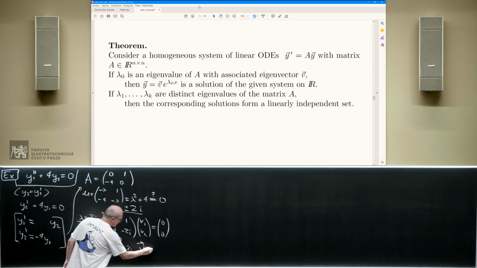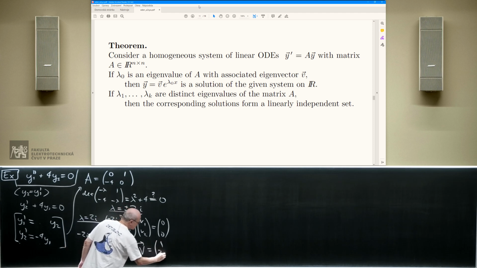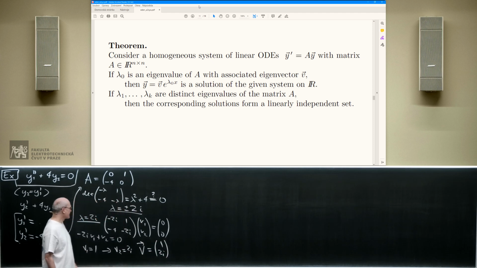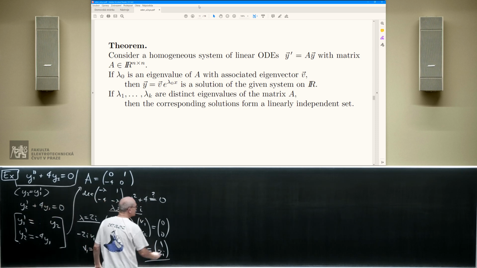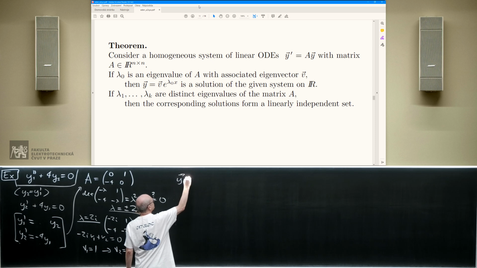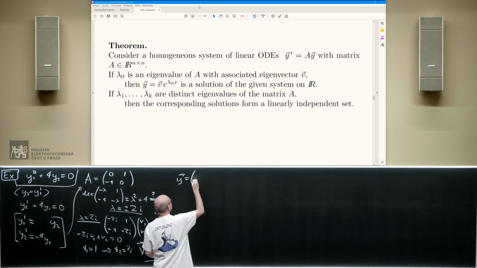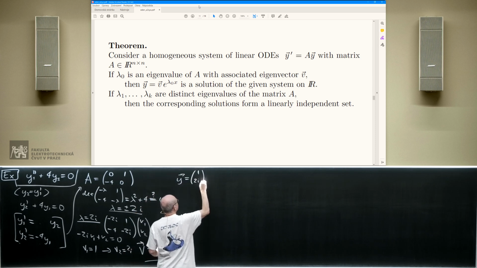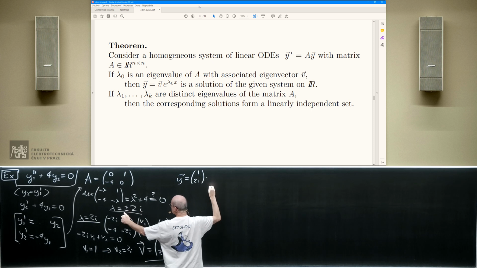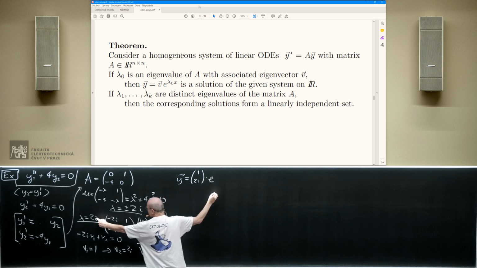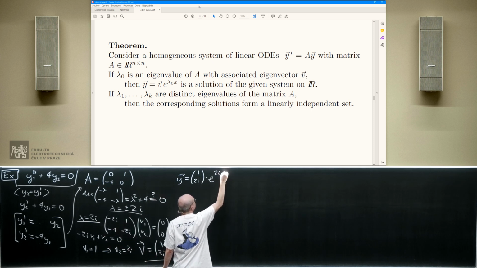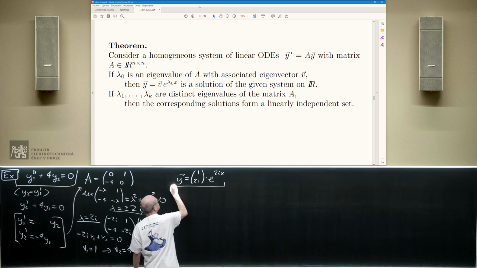So the eigenvector is 1, 2i. I have an eigenvector, I have an eigenvalue. I say, well, there should be a solution, which is my eigenvector, 1, 2i, multiplied by the exponential based on my lambda, e to the 2ix. That should be the solution.